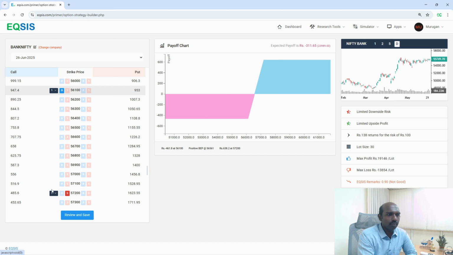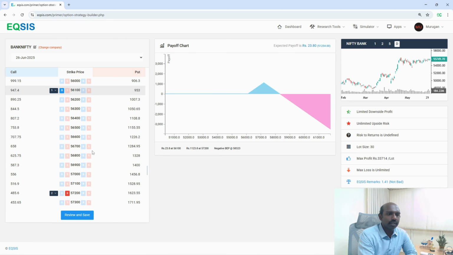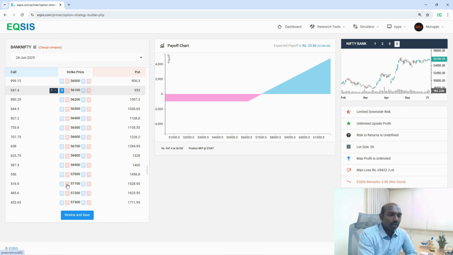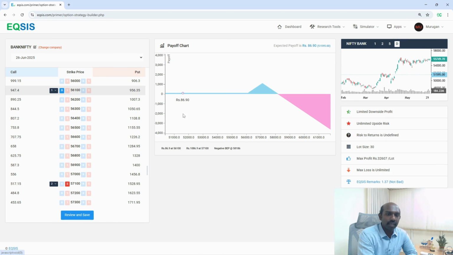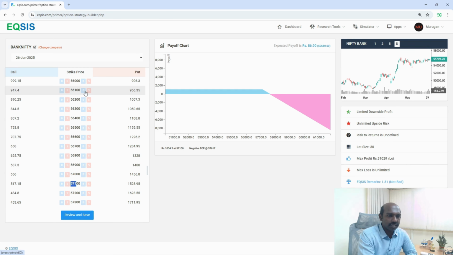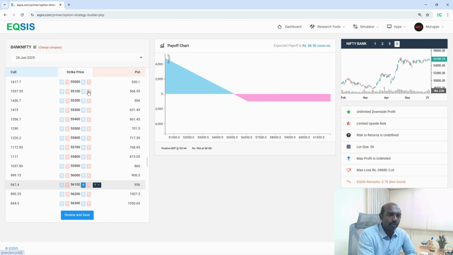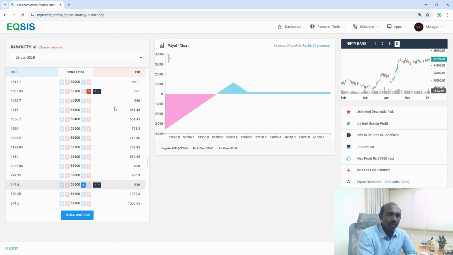So if I want to sell this into two lots, or if I want to cover this about 1000 points, it means this particular 1000 points movement gives my whole premium back along with 86 rupees. Whereas if I go for a put option for the same 1000 points movement, and I cover the whole premium, it is giving me 166.